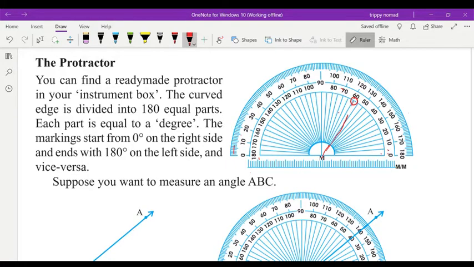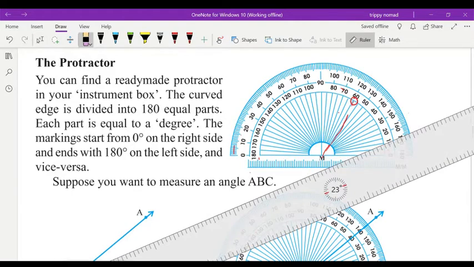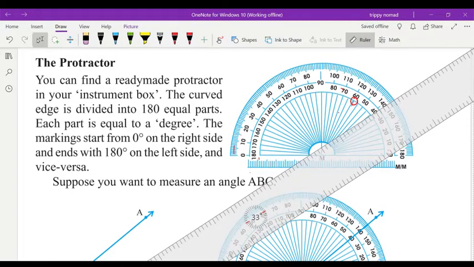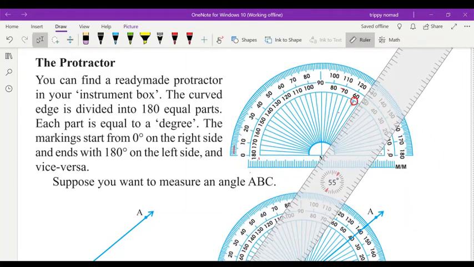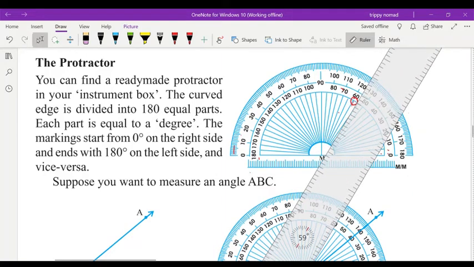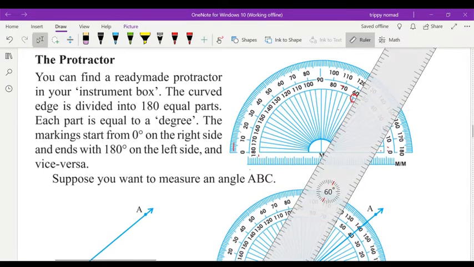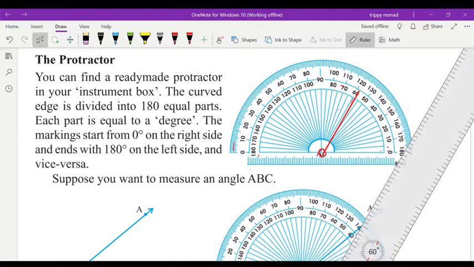I am not able to get a straight line, so I am showing with the help of the scale now. Like this you will get, it should join over here. So I hope you understood.